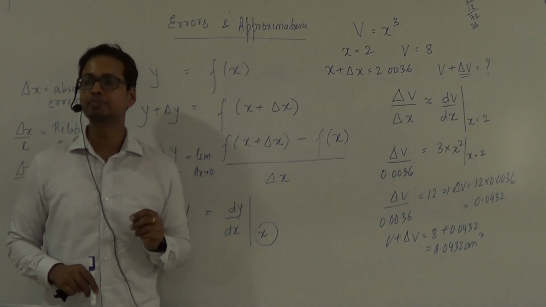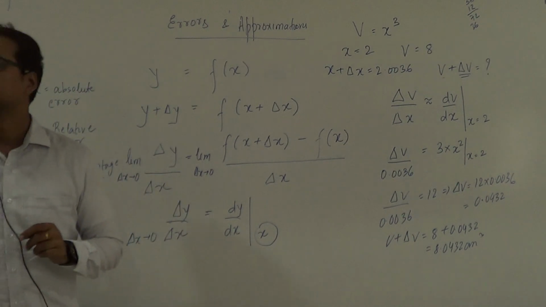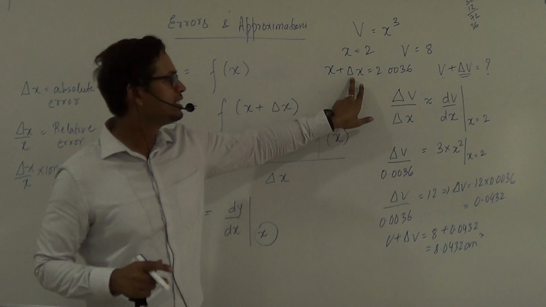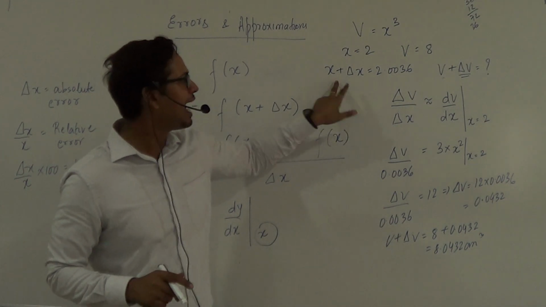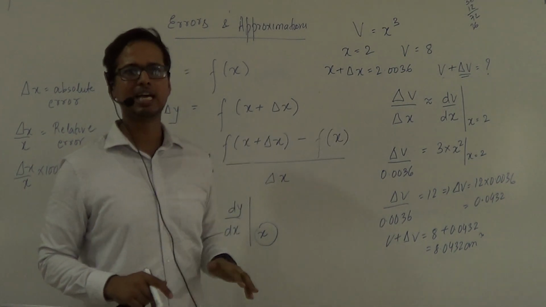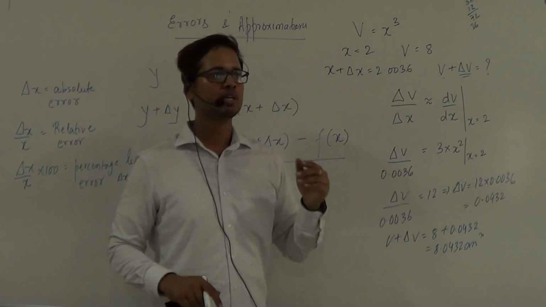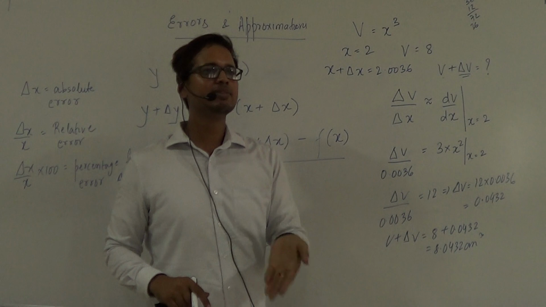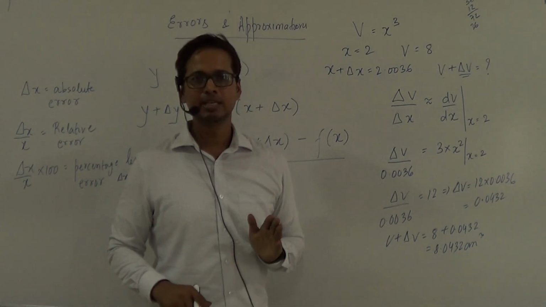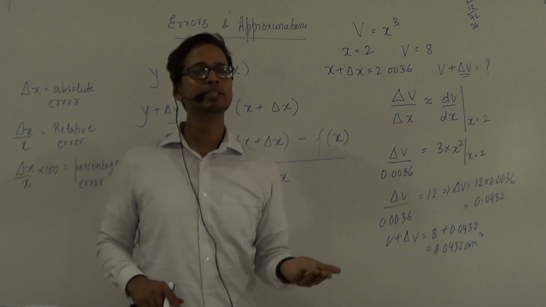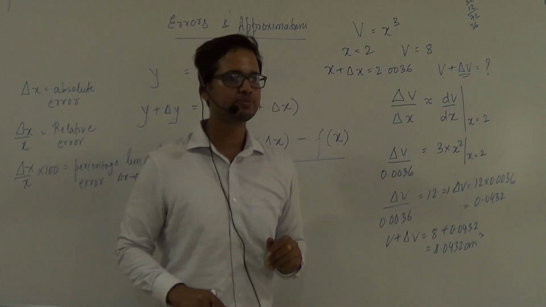One more thing to be kept in mind. Many people ask me, sir, how did you know that I have to add delta x, not subtract delta x? Or how do I know I have to add delta v, not subtract delta v? You get delta v as negative. Let me tell you, delta v is always added. Had the need been that you have to subtract something, delta v will automatically come out to be negative.